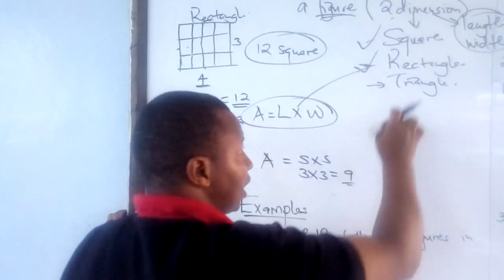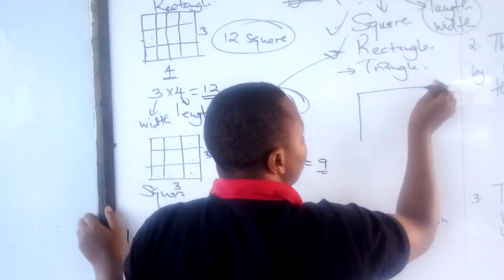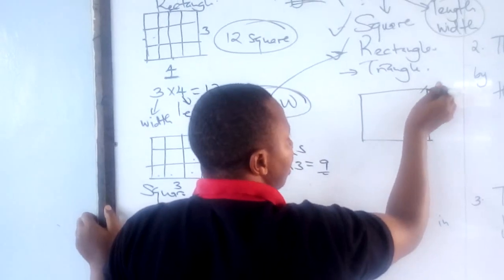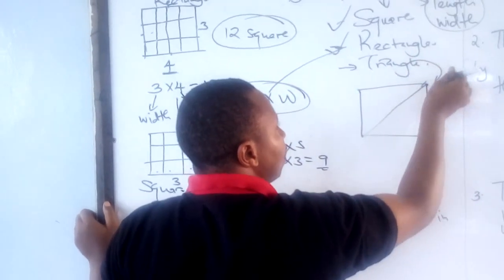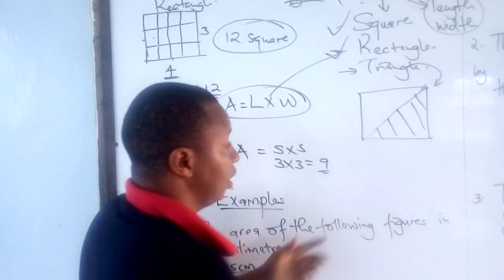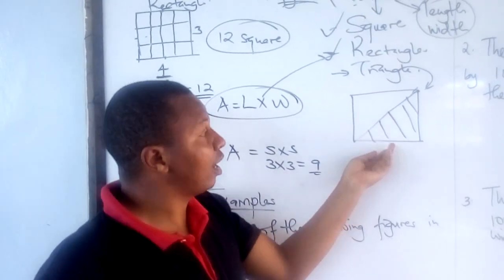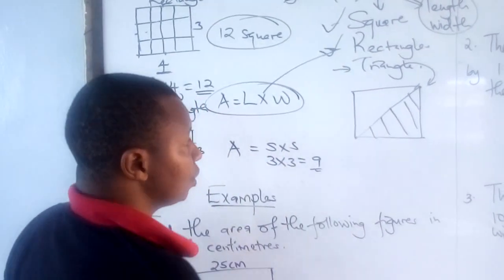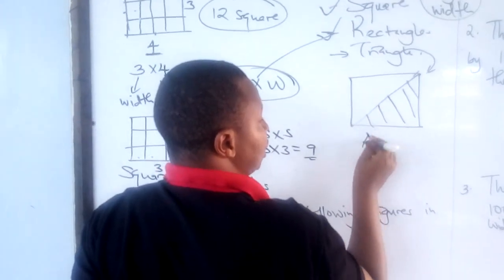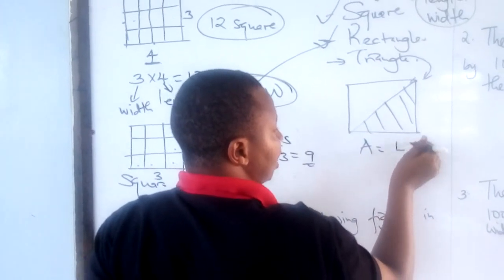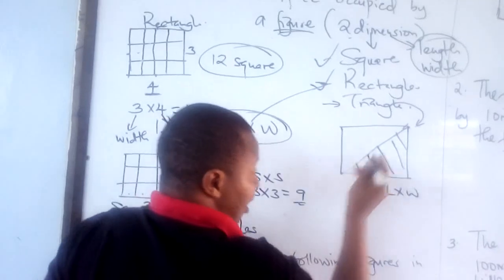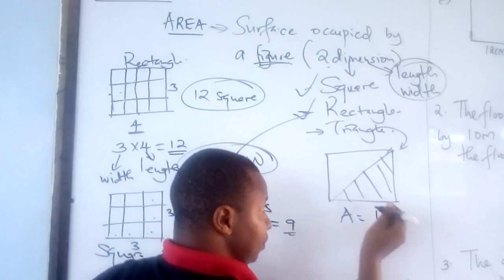So when you are multiplying, this is a way of finding the area of a square. If it is a triangle, it's always good that you know that the origin of this triangle is half of the square or half of the rectangle. So because you know that the area of a rectangle is equal to length times width, now we are going to introduce other terms.